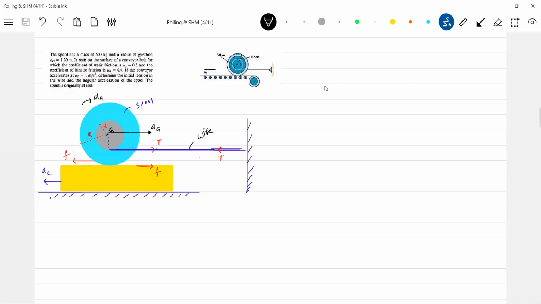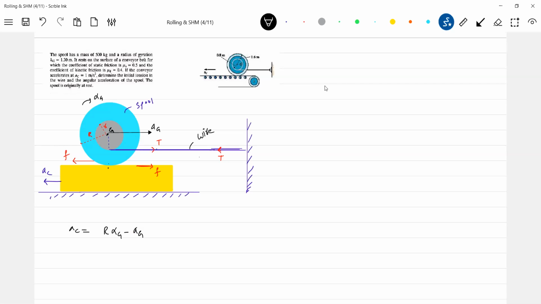Okay, and for no slipping between the belt and the spool, the accelerations of these two points should match: AC should be equal to R alpha minus AG.